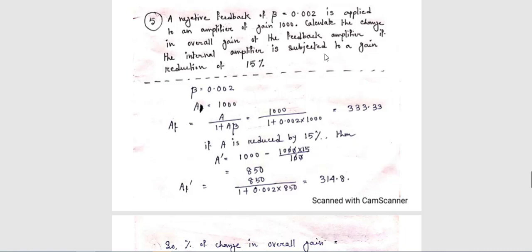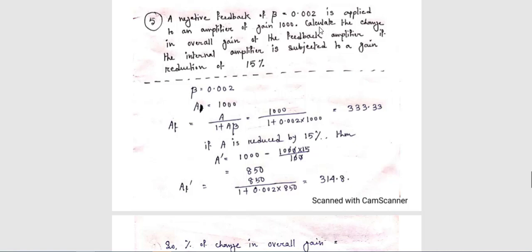Okay. So what you have to calculate is the change in overall gain of the feedback amplifier if the internal amplifier is subjected to a gain reduction of 15%. See, this question is quite complicated. The language is quite complicated. Here beta is given to you, A is given to you.